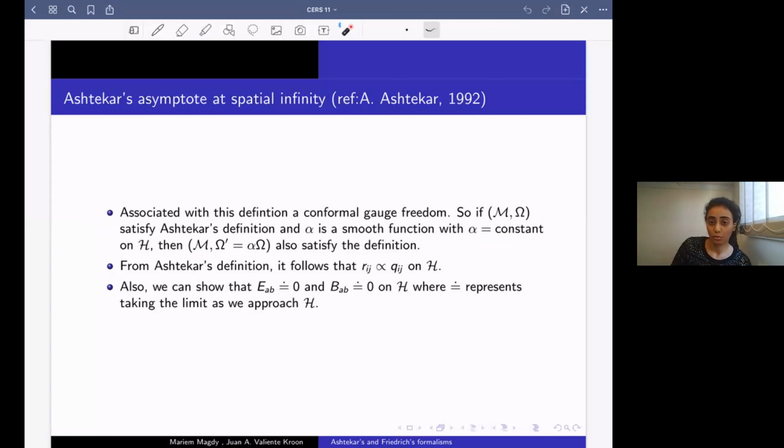Then we can derive some conditions for the physical fields that are satisfied on H. Specifically, we can directly show that the three-dimensional Ricci tensor is proportional to the 3-metric on H. We can also show that the electric and magnetic parts of the Weyl tensor have limit equal to 0 as we go to H.